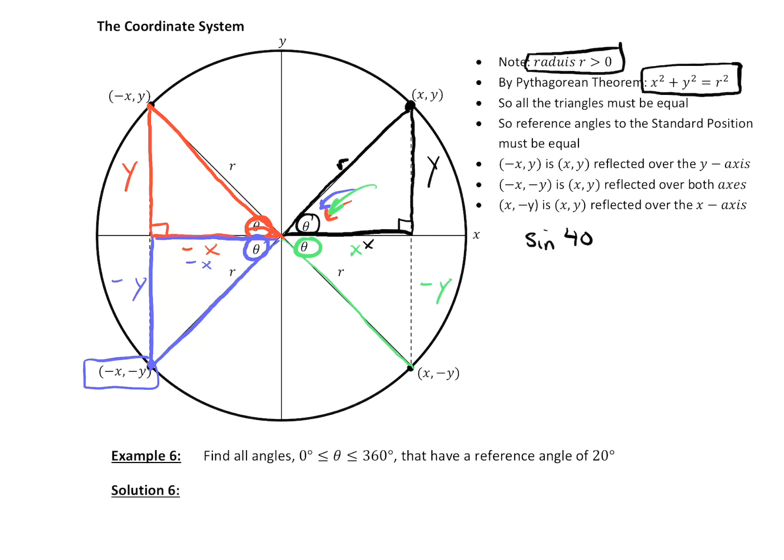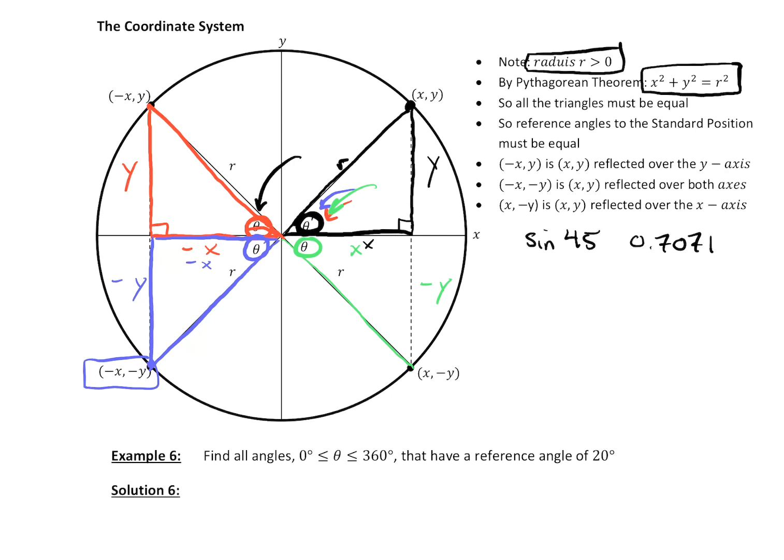But you know what? Just for the sake of numbers, I'm going to use an easier example. I'm going to take sine of 45 degrees. Okay? So let's just say theta here is 45 degrees. Sine of 45 degrees is 0.7071. So now if that's the reference angle, right? That's the reference angle there.